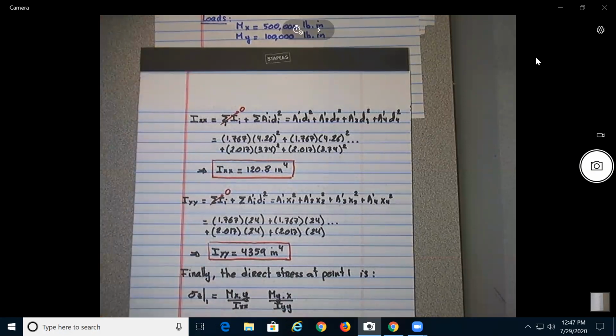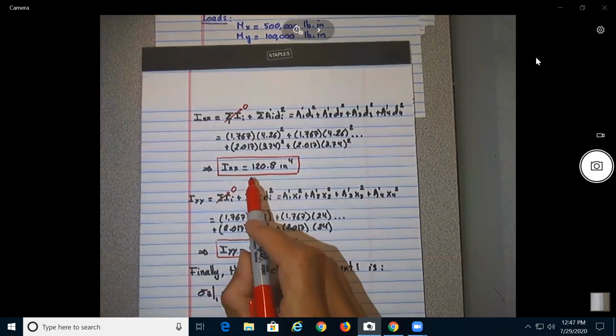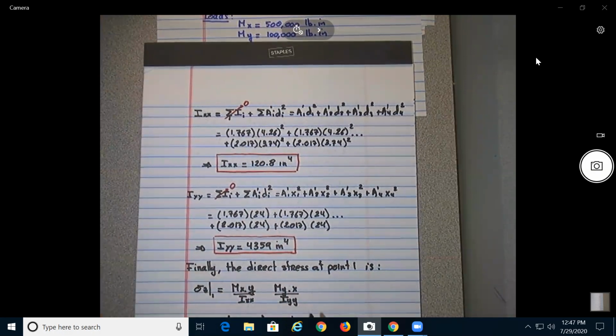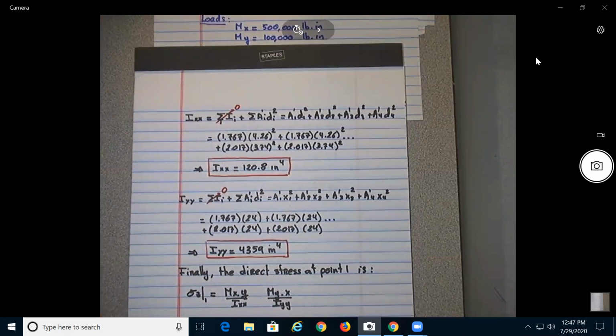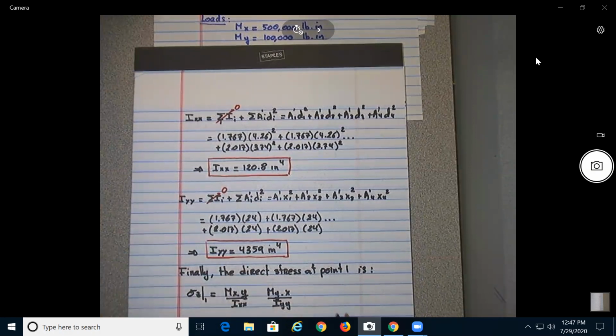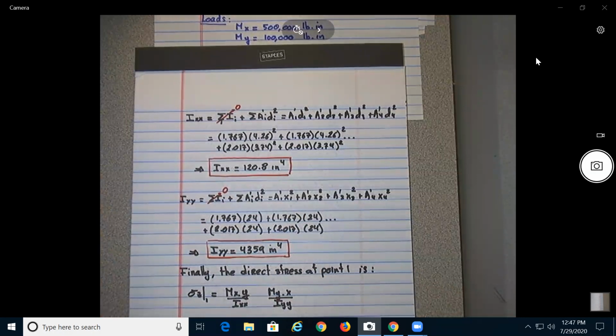And this will be divided by the Ixx that we just calculated of 120.8 plus My, which is 100,000 times 24 divided by 4,359.